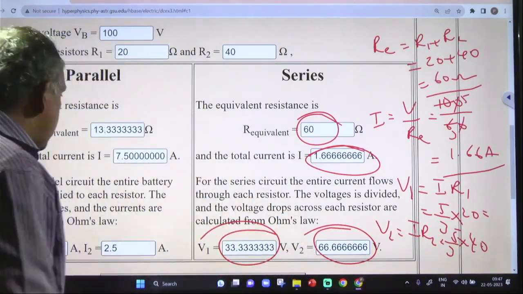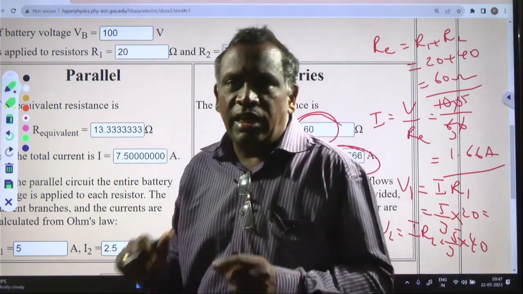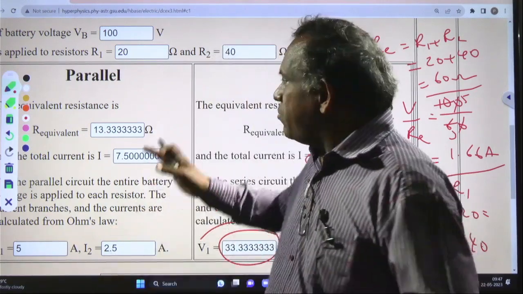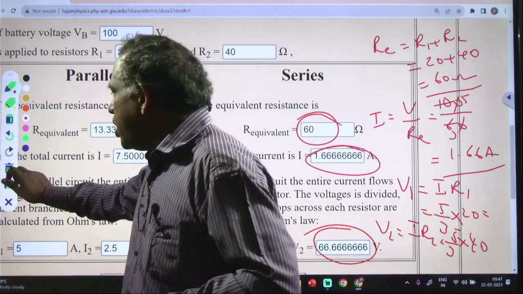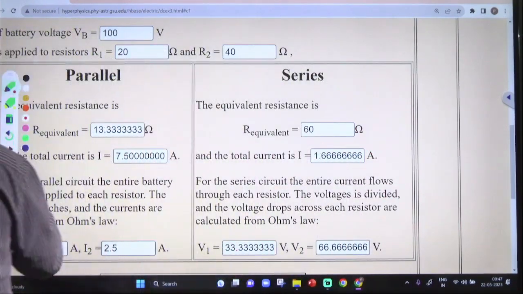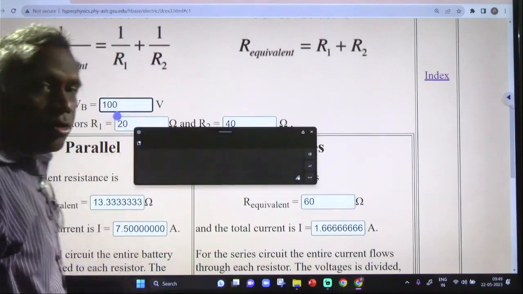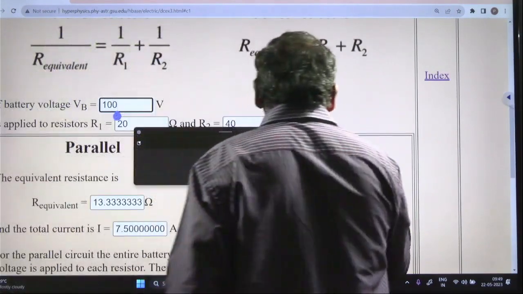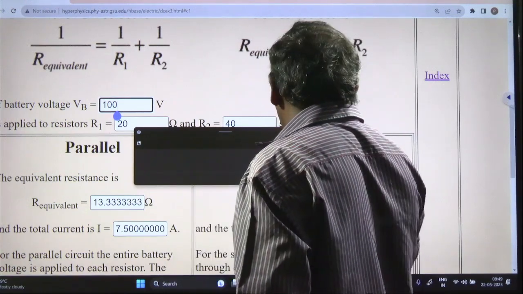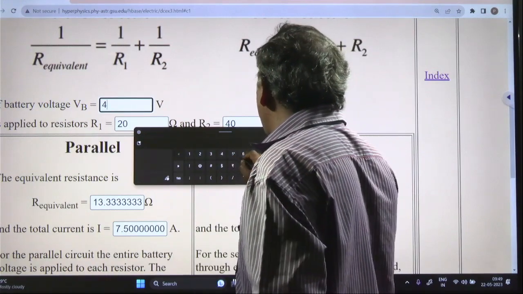In parallel connection, the previous answers. Just observe the example very clearly. For one example, you got these values. You can change the values and you will get different answers. For example, instead of 100 volts, you take some other value like 500 volts, or 600, or 450 volts.